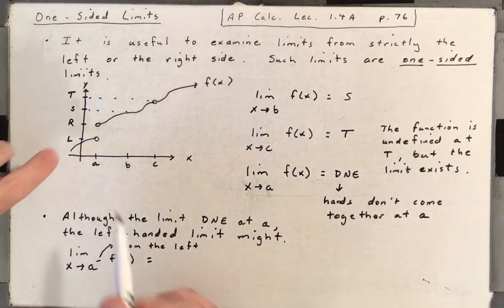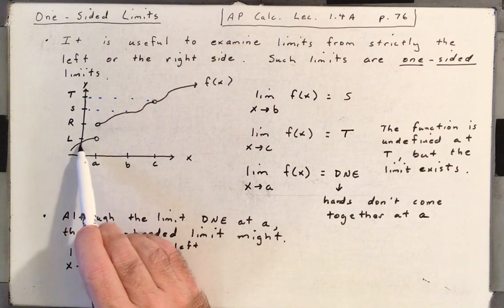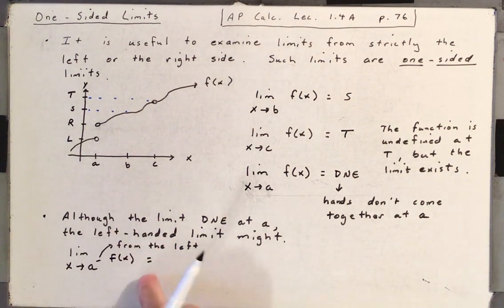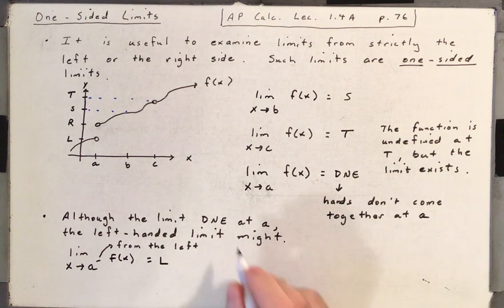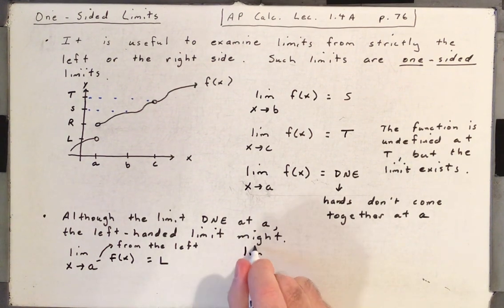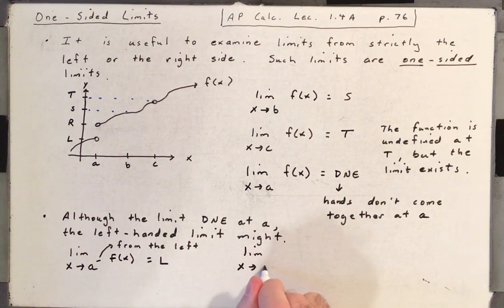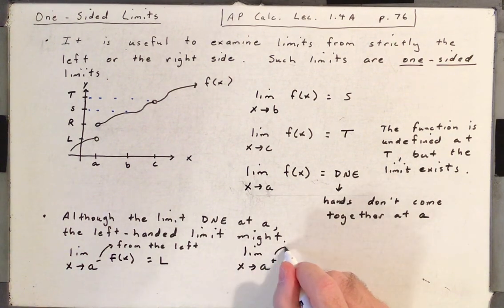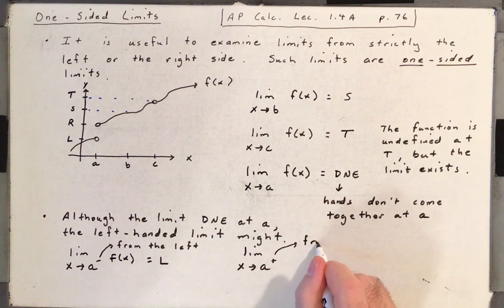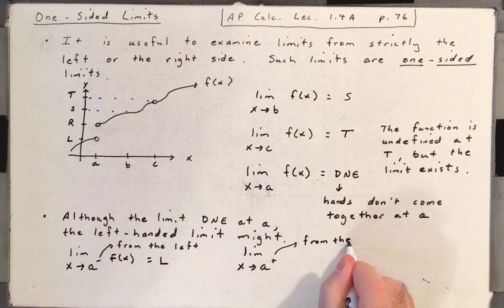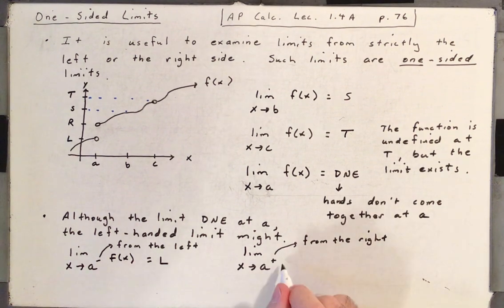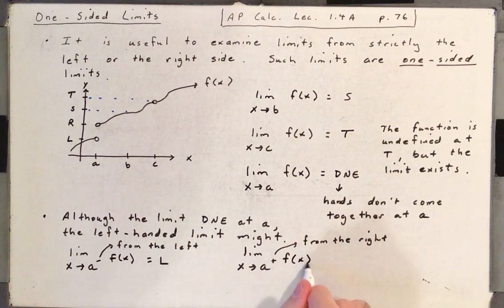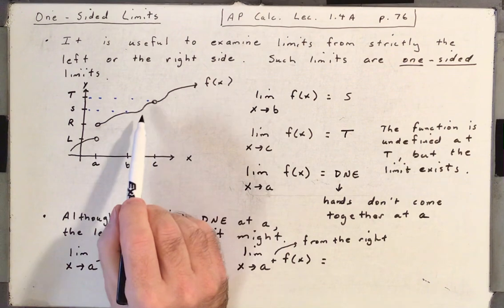If we're coming only from the left side here, the limit is L. How about we take the limit as x approaches A, and we'll put a plus sign. The plus sign means from the right. Of f of x. What's that going to be if you're coming from the right?